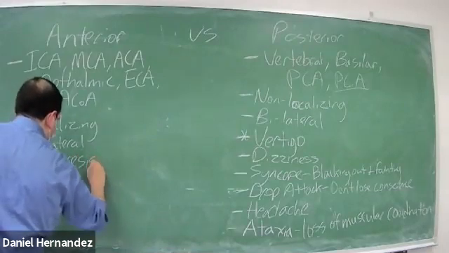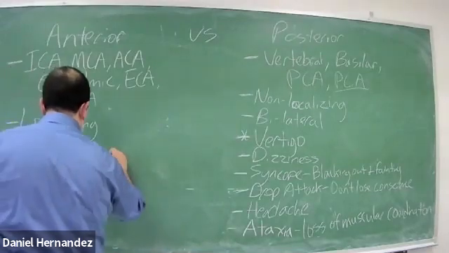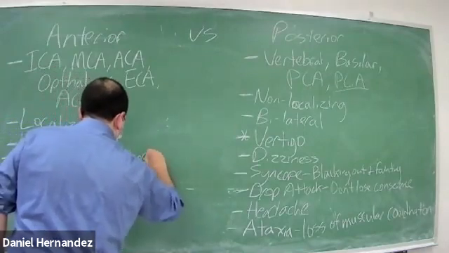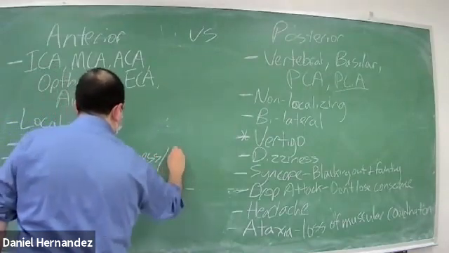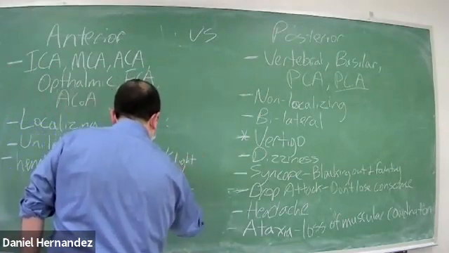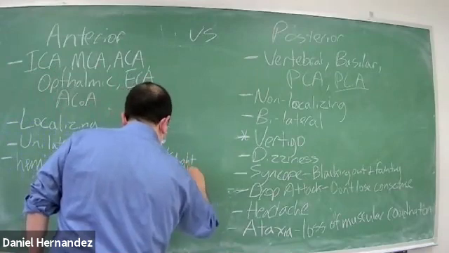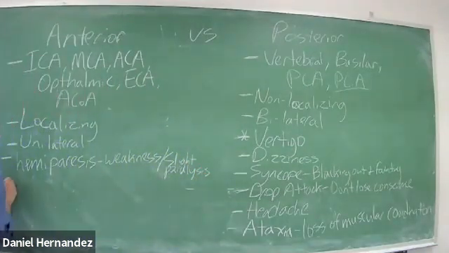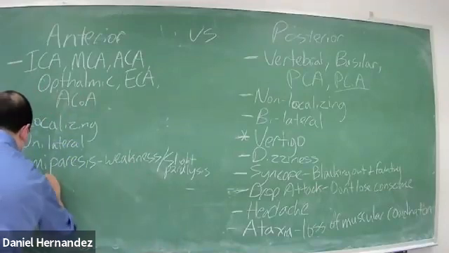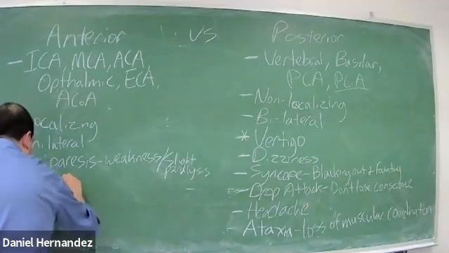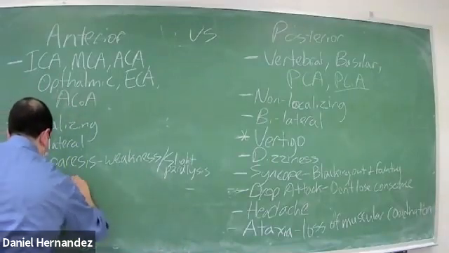So that's weakness or slight paralysis. So we can have hemiparesis, and we can have hemiparalysis, where we actually have no ability to move the limb.